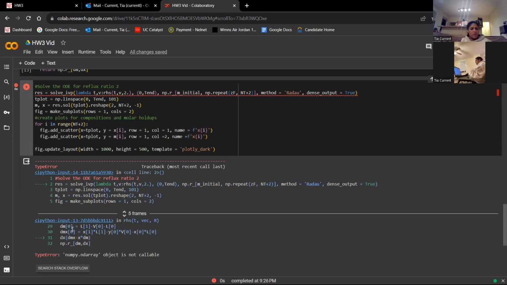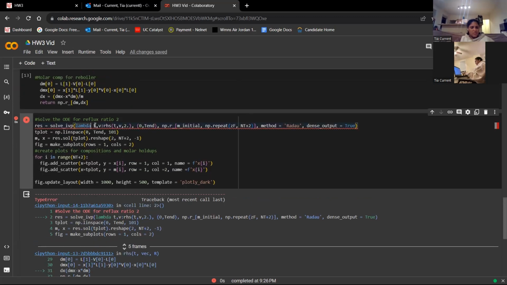So res is equal to solve the initial value problem lambda space t comma v colon rhs parentheses my variables t v and 2 period reflux ratio comma 0 t end comma np dot r underscore m initial comma np repeat then z zf in t plus 2.